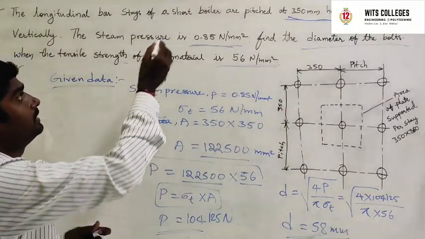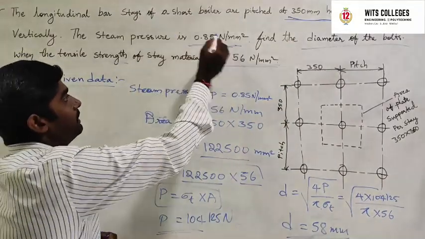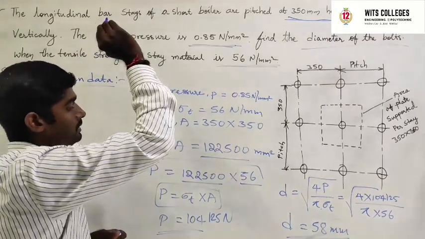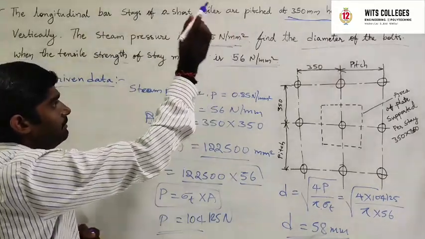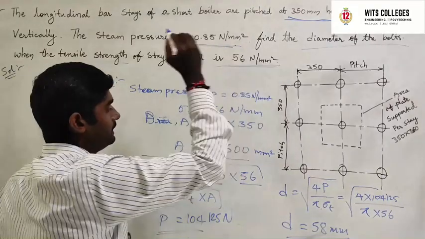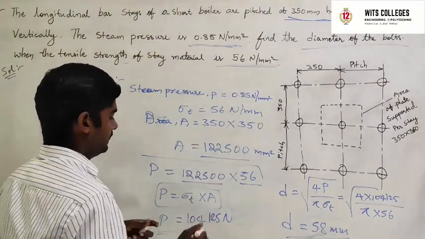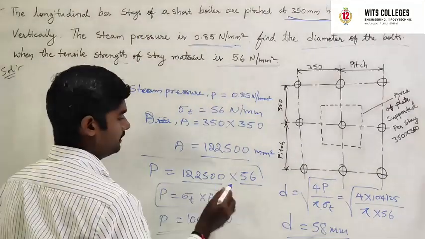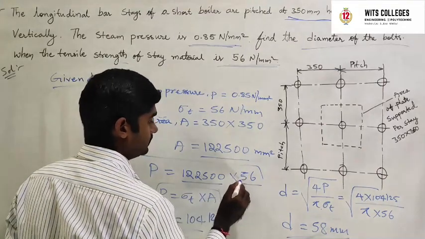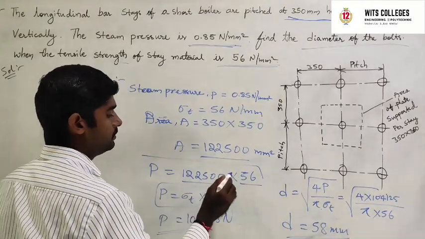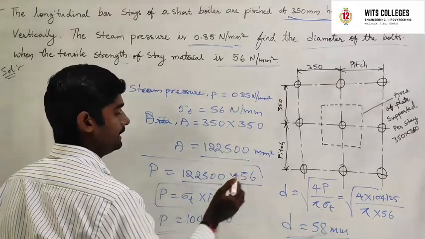Okay, let's see again. The boiler steam pressure is 0.85. Next, finding the diameter of the bolt, stress is 56. We want P, which is 122,500 into 0.85.